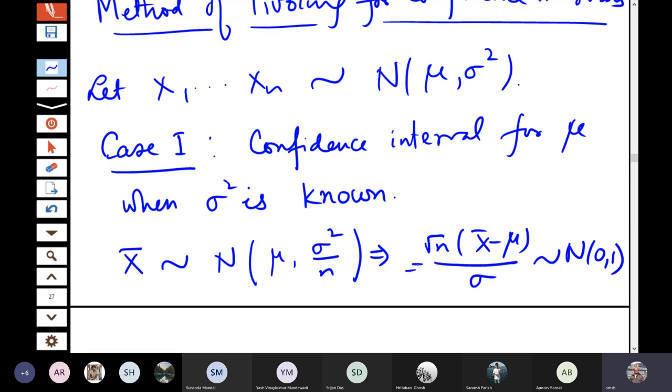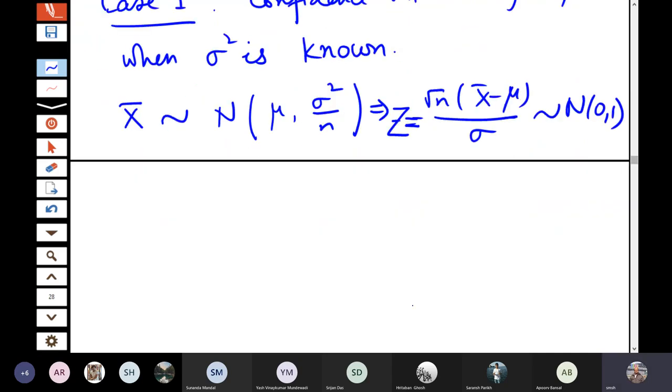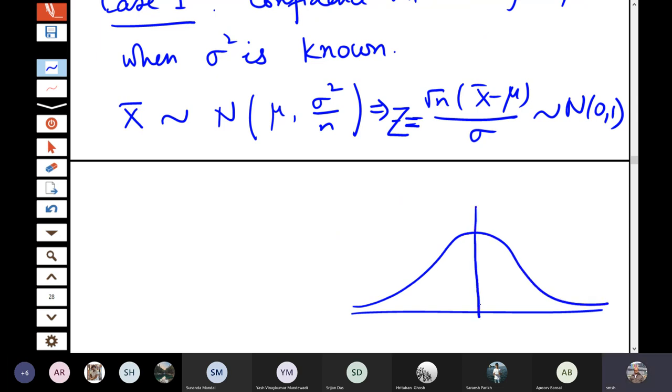Okay, this is your Z, that is the standard normal distribution. So we can write down the statement in the standard normal distribution. So this is 0, so minus z alpha by 2 to z alpha by 2.